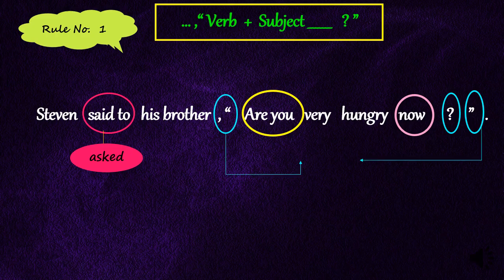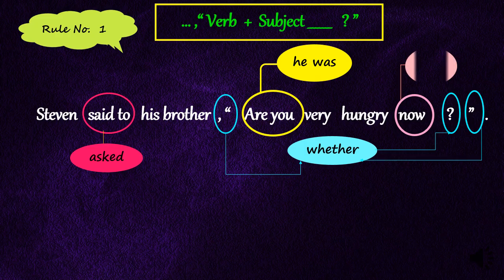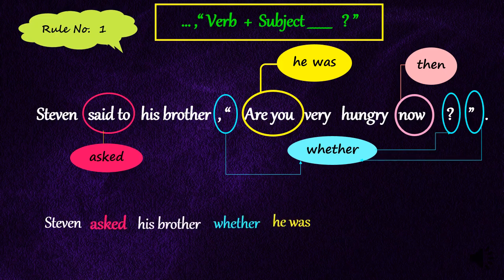Comma, open quotes, close quotes, question mark, you substitute with whether. Are you will become he was. Now will become then. So, what is the answer? Stephen asked his brother whether he was very hungry then.